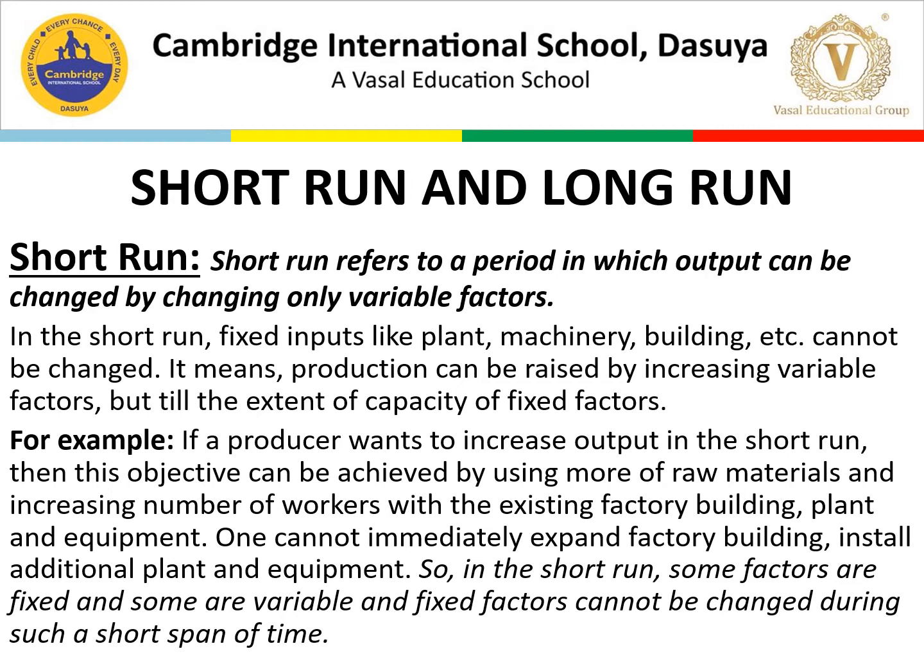Then one cannot immediately expand factory building, install additional plant. Yes, we cannot change more, we cannot have more factory units in the same area. It is difficult for the person, but we can have more workers, more raw material to produce the goods with short run, even if we have to increase the output.